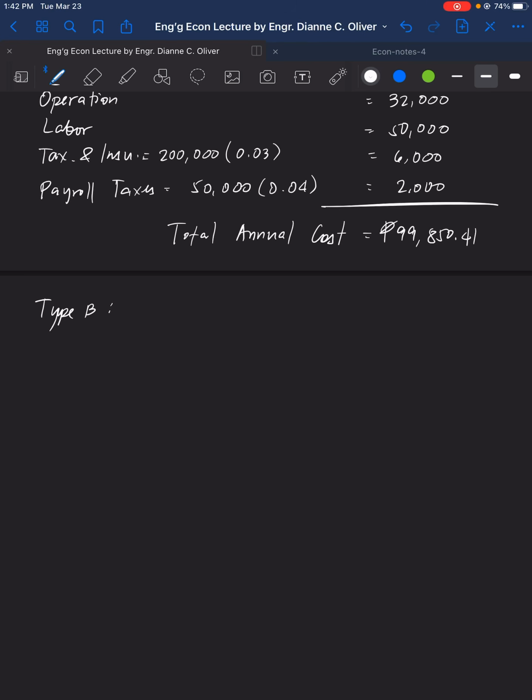Then we have type B. For type B, solving for depreciation, we have 300,000 is equal to A times the quantity 1.15 raised to the life of 10 minus 1, divided by 0.15. Therefore, we have A, the depreciation, as 14,775.62.